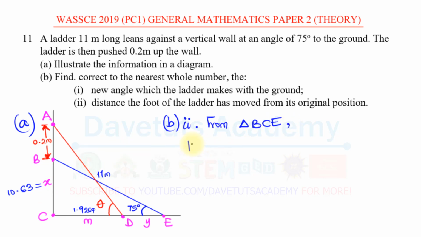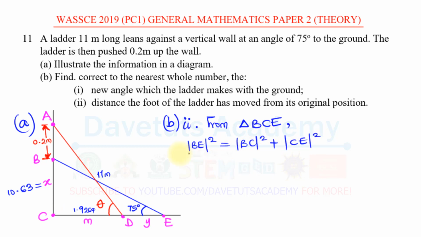That is BE. So BE raised to power 2 is equal to, what's the opposite here? That's BC raised to power 2 plus, what's the adjacent? CE. That's CE raised to power 2.